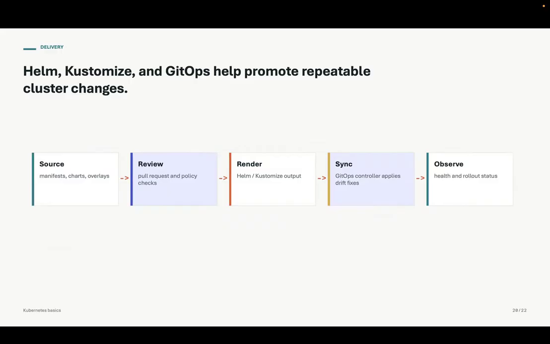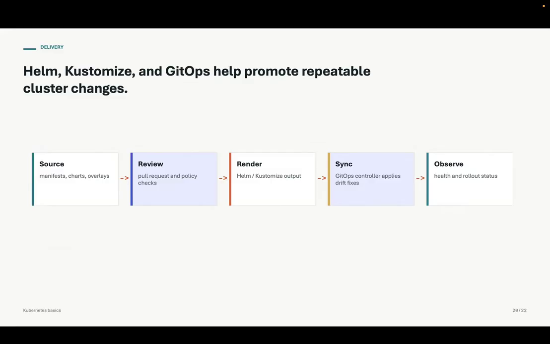Delivery. As Kubernetes usage grows, the way you apply those manifests becomes more cumbersome. So we need additional tools to help manage those manifests, like Helm, Kustomize, or GitOps.